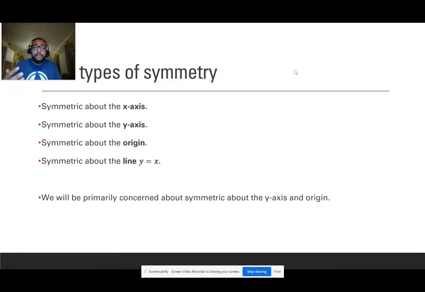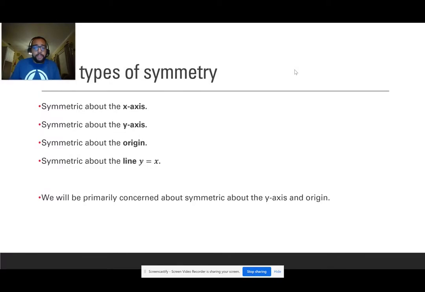We don't need to cover the x-axis, and actually, you have covered symmetry about the line y equals x in Algebra 2, and you will revisit this in pre-cal as well.